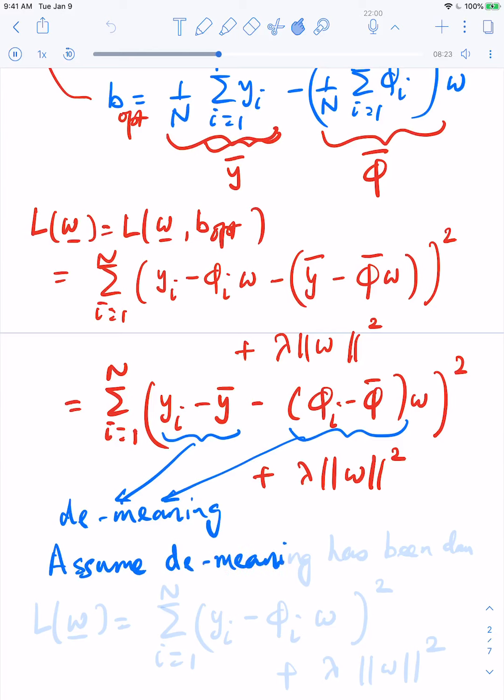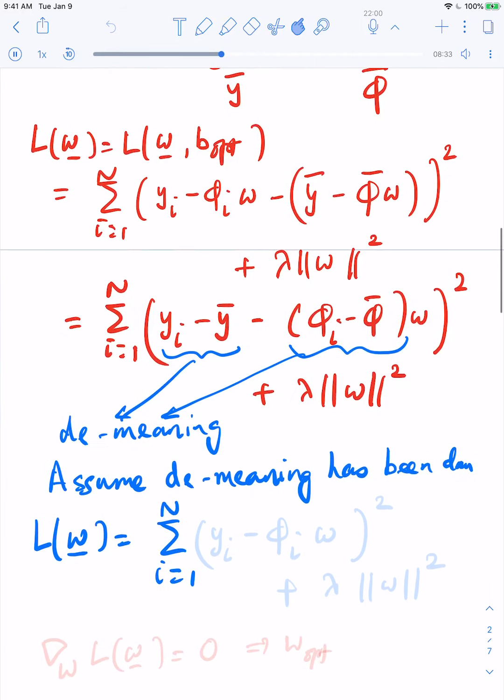Okay, so to simplify our lives, I'm going to assume demeaning has been done. That simplifies the notation, and say I'm going to optimize over w the following cost function: sum over i equals 1 to n of target minus linear model, plus the constraint term, right? That's our optimization.